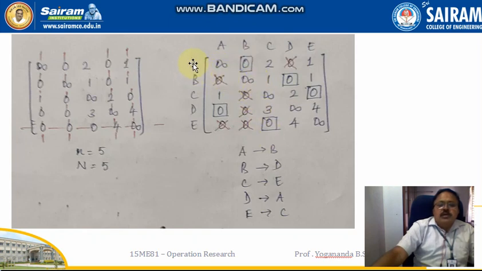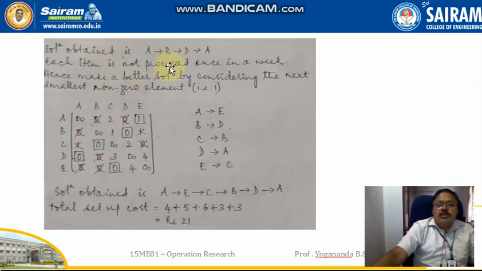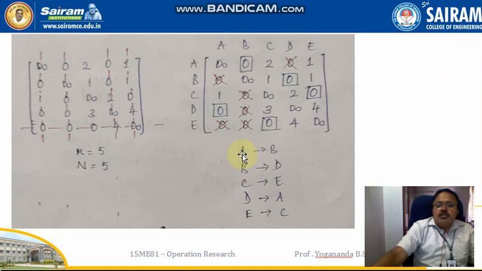He was processing the item A, then he is going to the next item, B. Then from B he is going to the next item D. Then from D he is going to... Here the solution obtained is A to B, B to D, D to A.